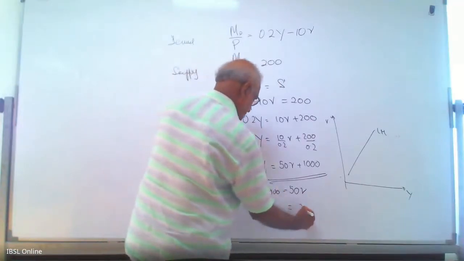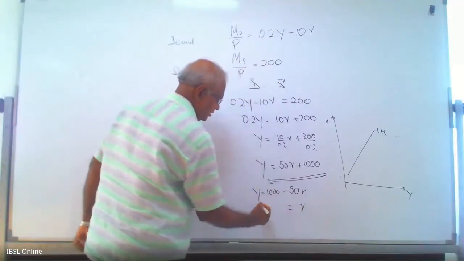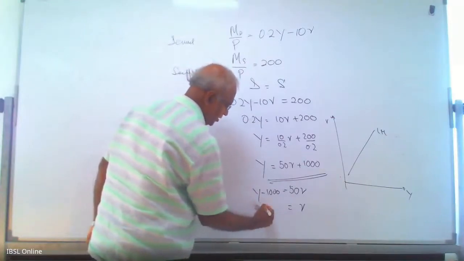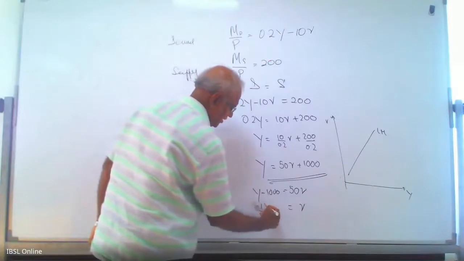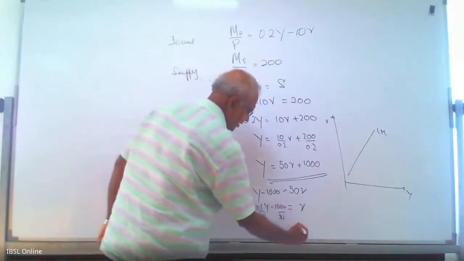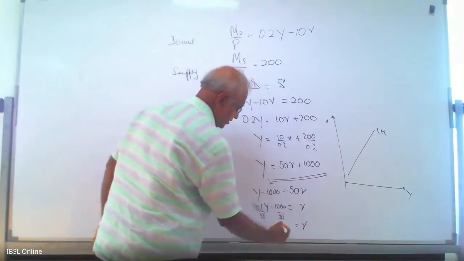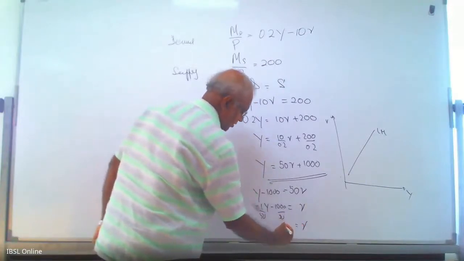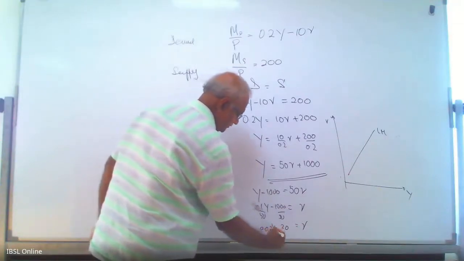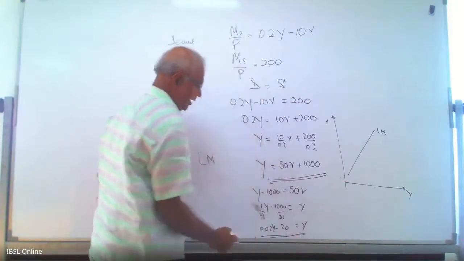You divide both sides by 50: Y divided by 50 is 1 over 50 Y, and 1000 divided by 50 is 20. Therefore R equals 0.02Y minus 20.